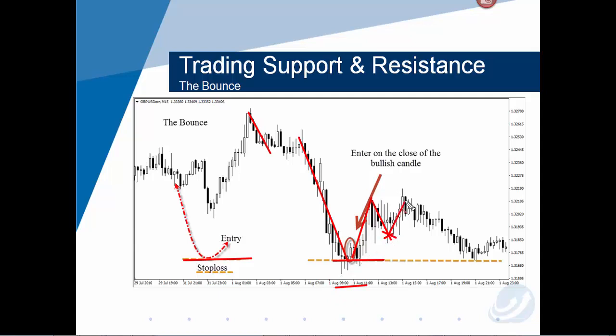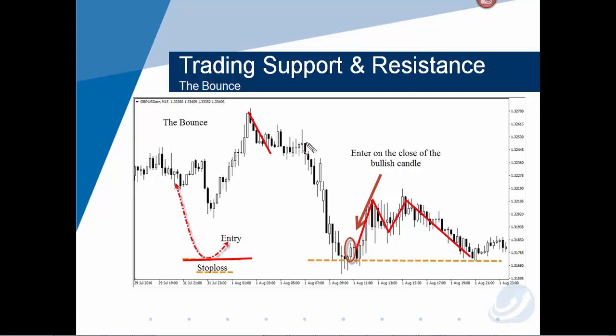So the market rallied up, hit that level of resistance, came back down, hit that level of support, creating a double bottom pattern, and then boom, the market started to rally upwards. So instead of getting in on a trade here and then experiencing all this pullback in the market, we're trying to be precise when it comes to trading, and we're not always going to get it exact.